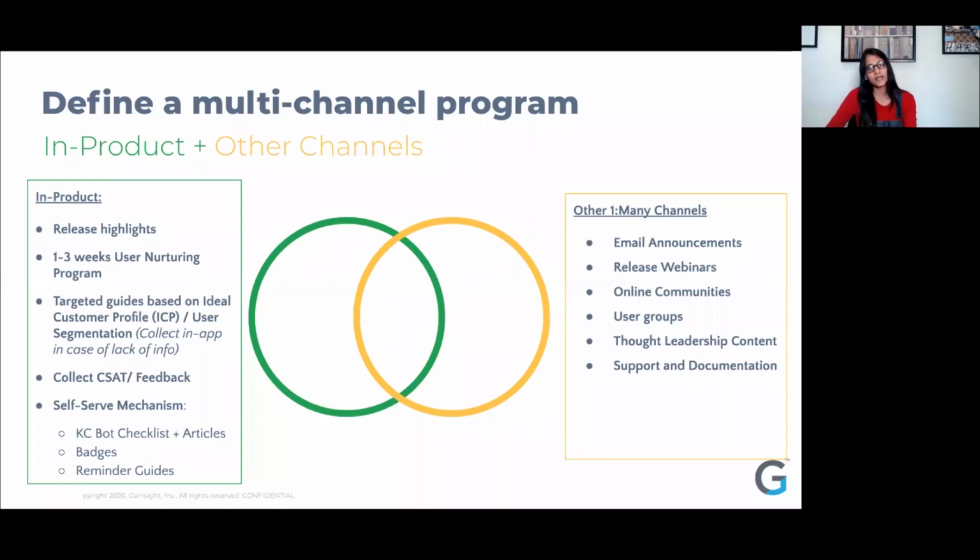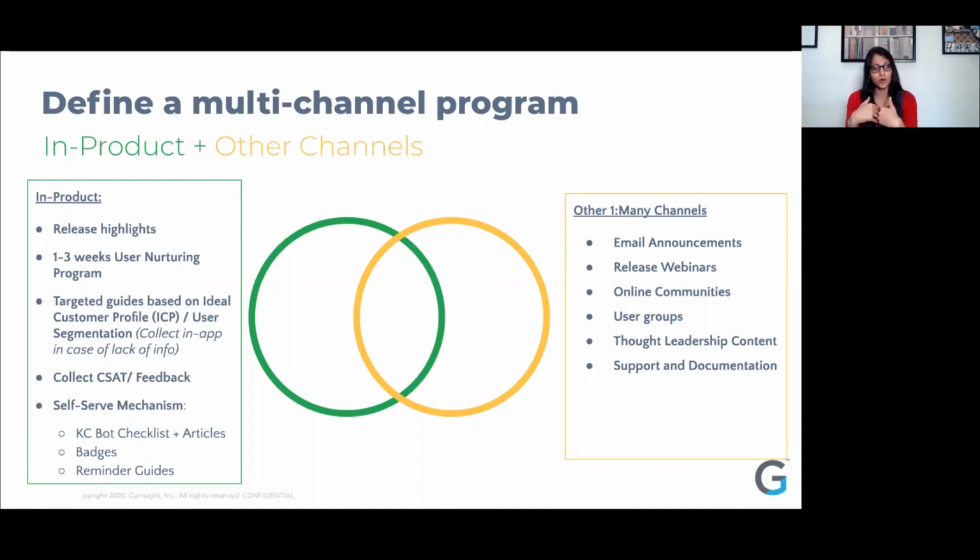So thinking of this multi-channel program when you want to promote your release and adding that experience part to your release process and announcement. So from an in-product point of view, you can think of doing release sliders so that it highlights the key USPs of that release so that it gets your users very excited.